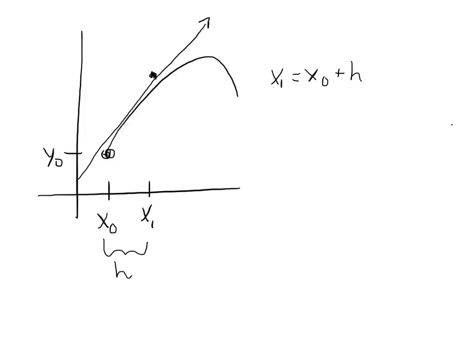So if I know that that's what x is equal to, I can now go in and find my y1 value by plugging in what I know for x and y.